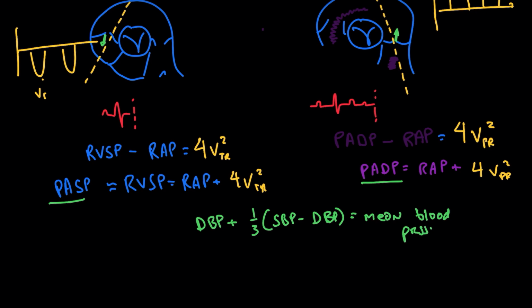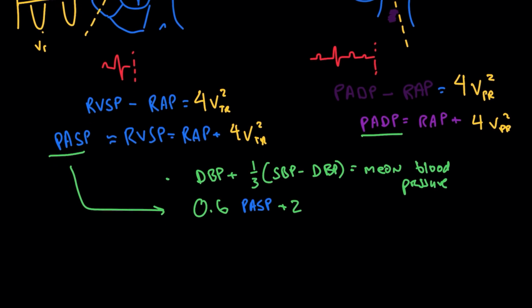Another way is you can just take 0.6 times your pulmonary artery systolic pressure, and sometimes people will add 2 there. That is another way to approximate your mean pulmonary artery pressure.